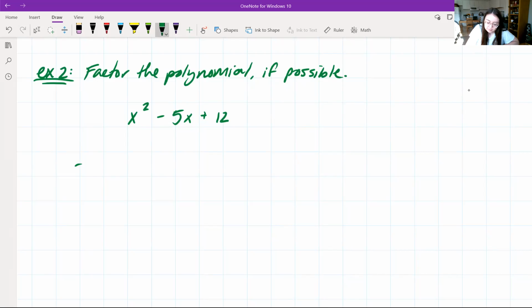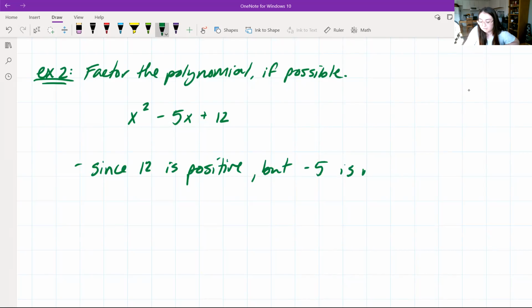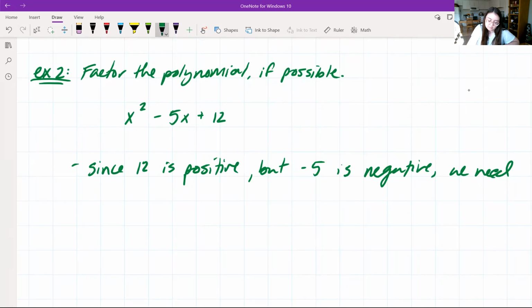So since 12 is positive, but negative 5 is negative, this means that we need integers that are both negative.